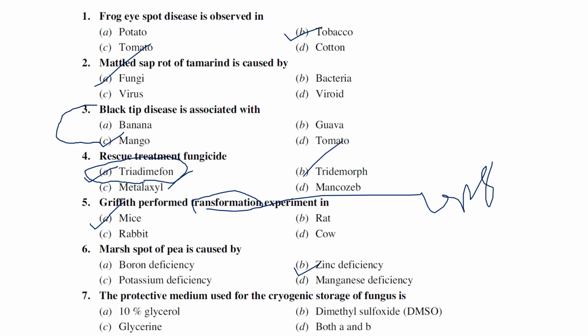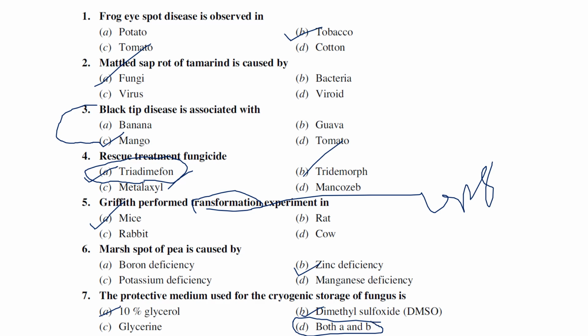The protective medium used in a cryopreservation or cryo storage for fungi. So for fungi, what different kinds of cryopreservatives are used? 10% glycerol, dimethyl sulfoxide, glycerin. Actually, this 10% glycerol and dimethyl sulfoxide, both A and B can be used in long-term preservation.